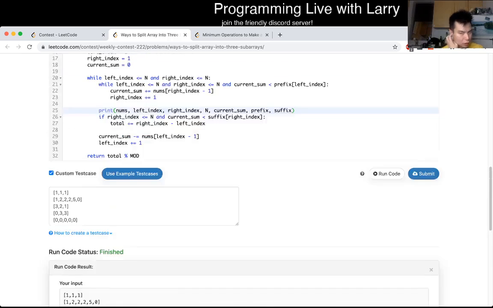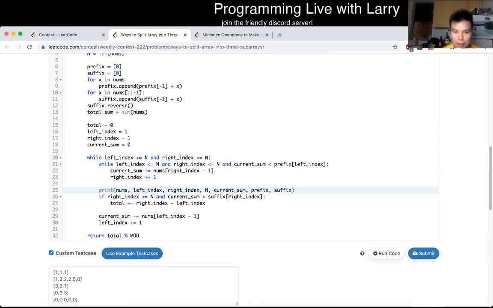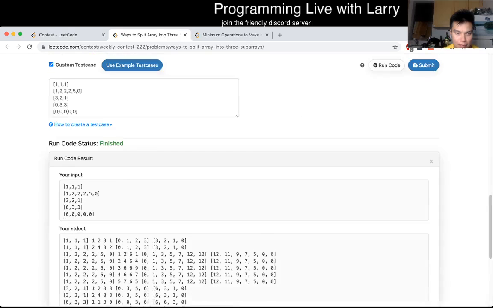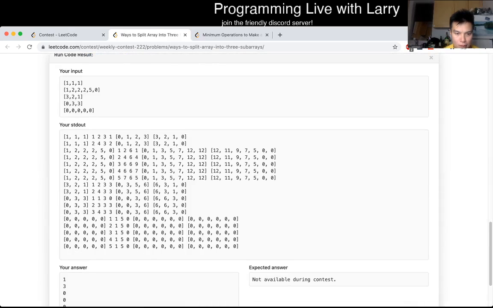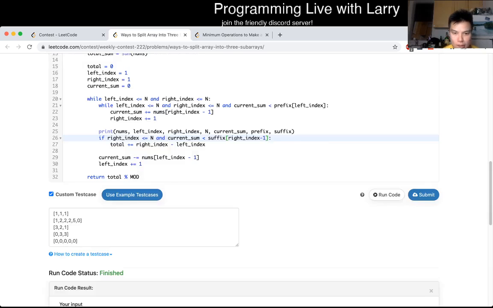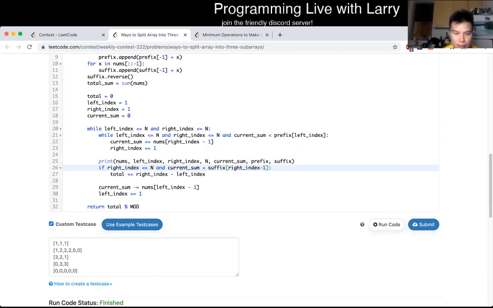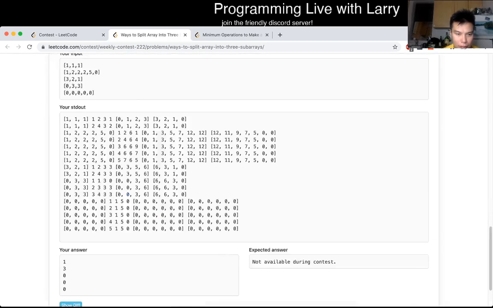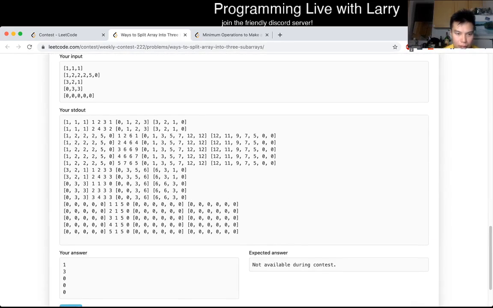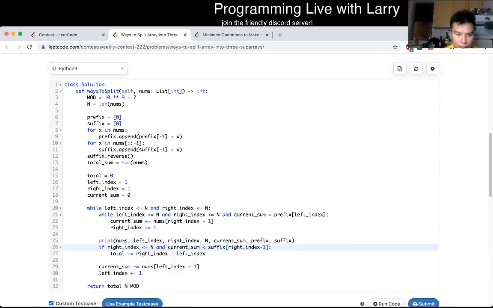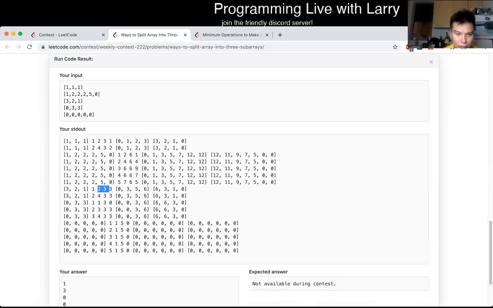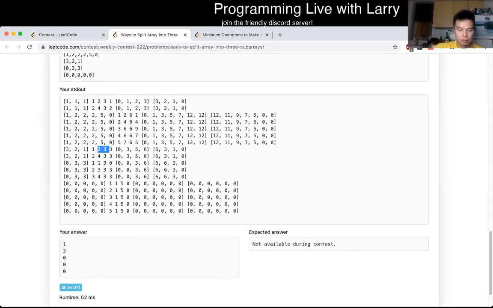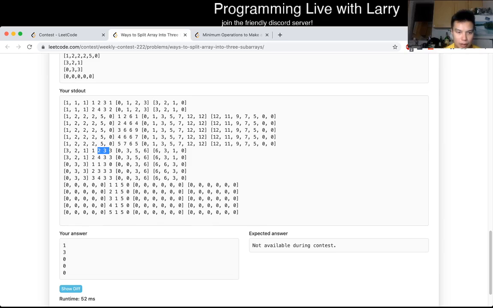Suffix is wrong for me. Okay. Why is this not?